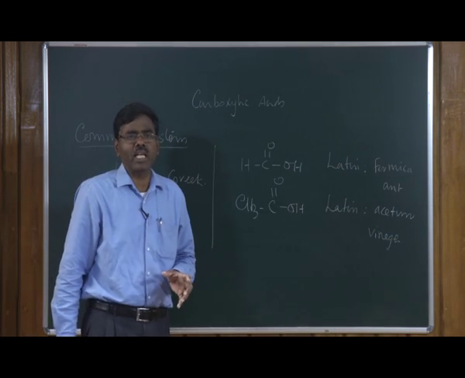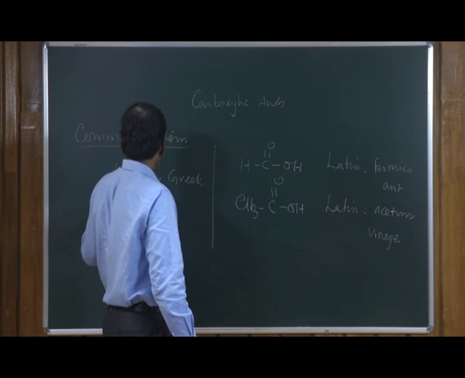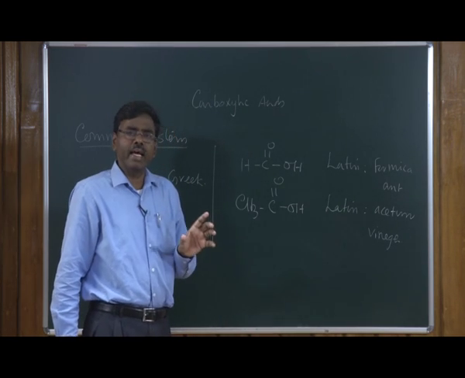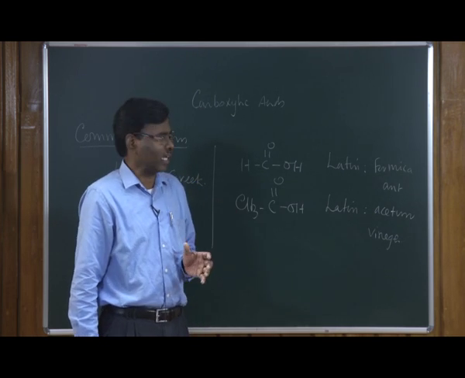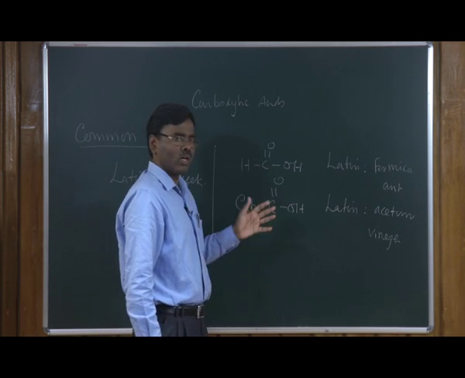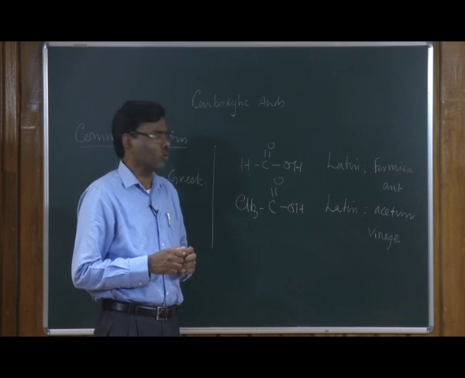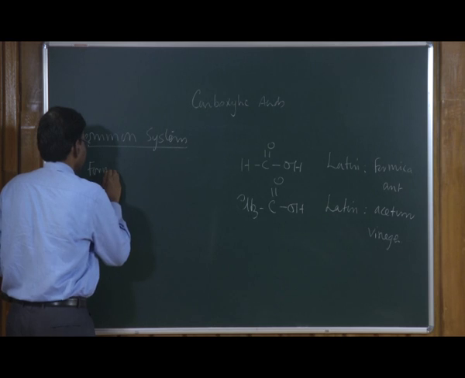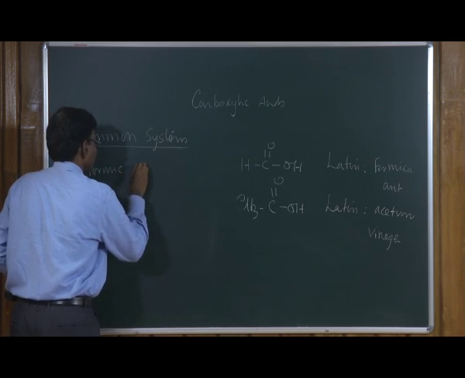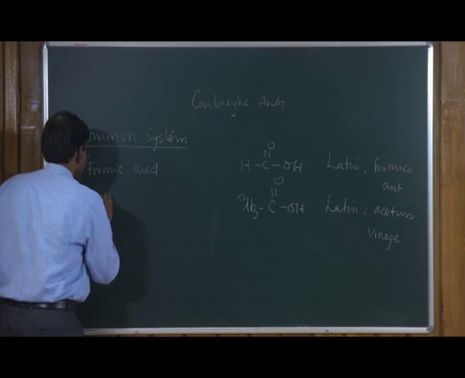In simple carboxylic acids, better known by common names, the names are derived from Greek or Latin words that indicate the natural source of the carboxylic acid. These are the two examples, and they do not have any general rule. However, if you look at it, the first one is formic acid, then acetic acid.